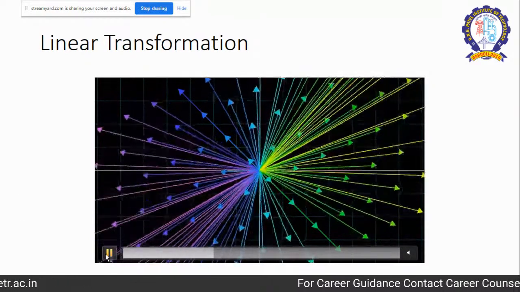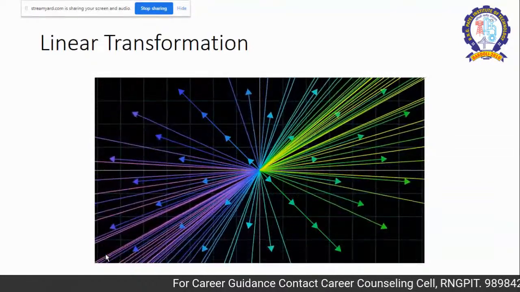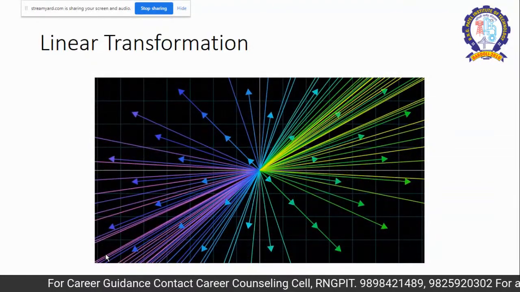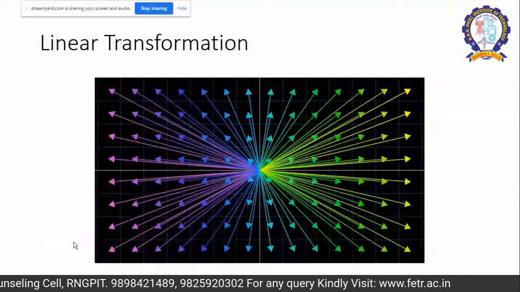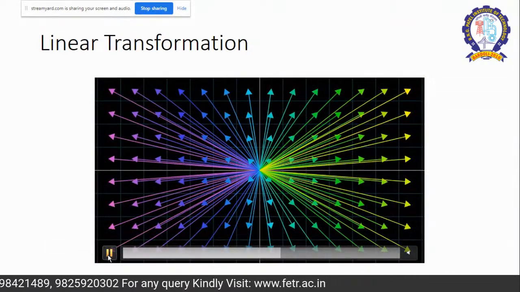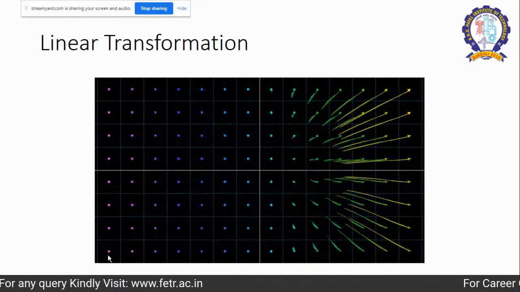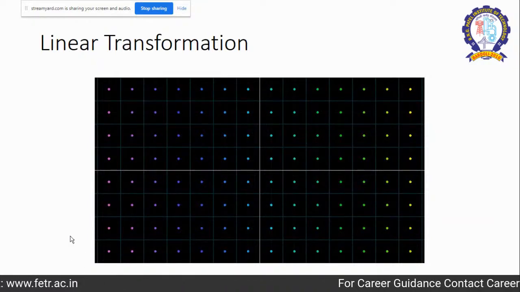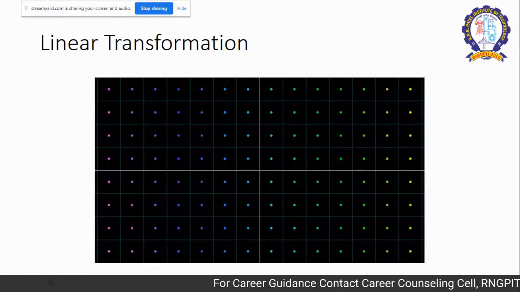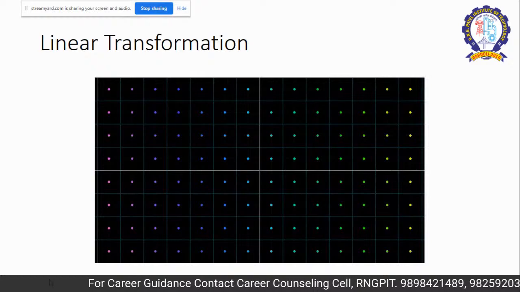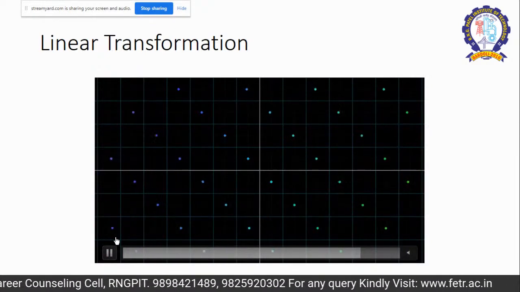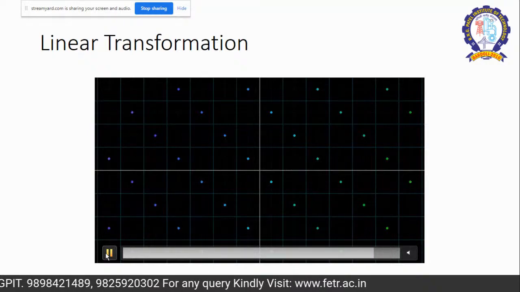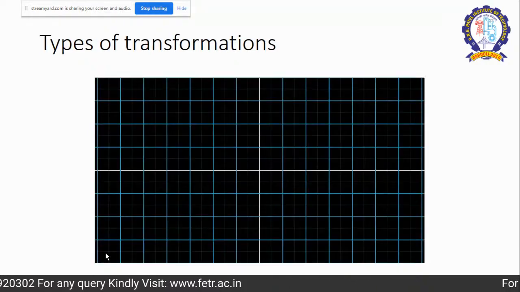It is transformed from one place to another according to the transformation or function. And ultimately it transforms not only vectors, it transforms the points also. So this is called linear transformation.